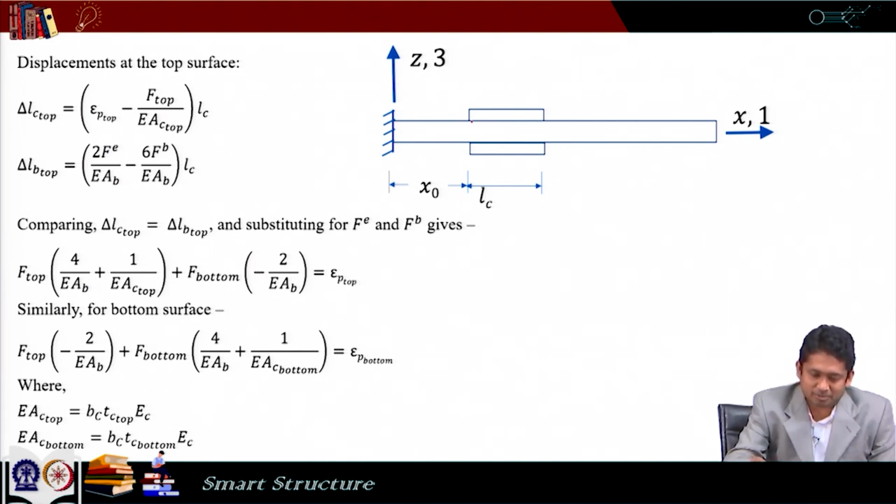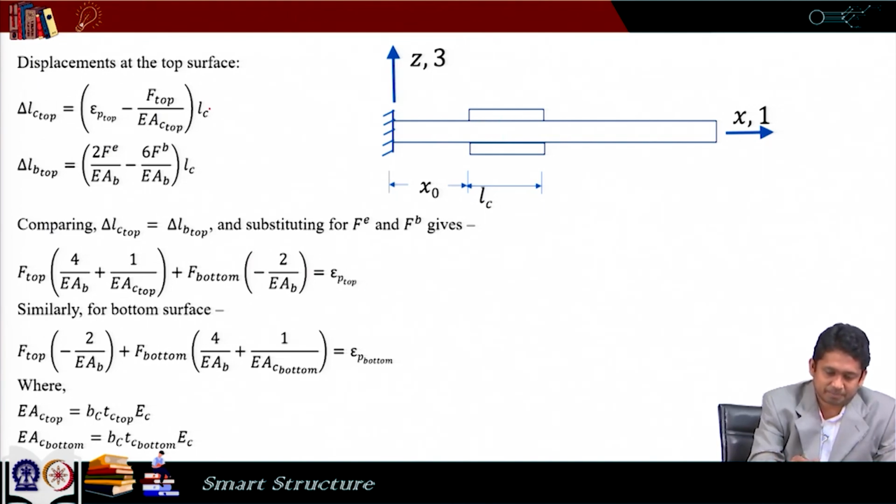So, at the top surface of the beam the extension is delta L b top, which is this.